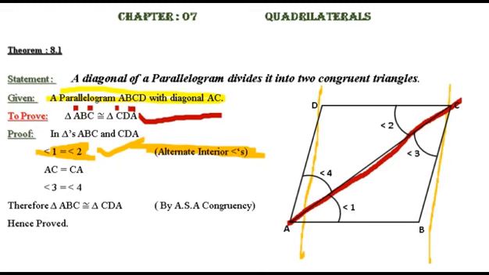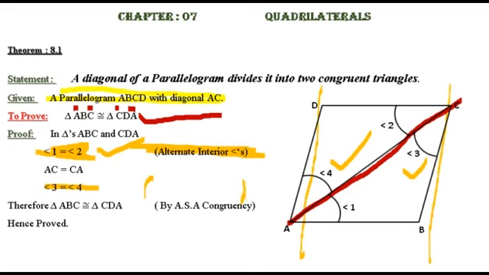Two parallel lines and the transversal. Yes, again there will be pairs of angles equal to each other. So again, if you find 3 and 4, you will see that they are angles in opposite positions. We call them alternate interior angles, and since lines are parallel, that means alternate interior angles will be equal. That is, angle 3 equals angle 4, alternate interior angles.